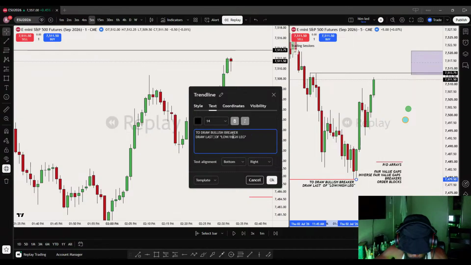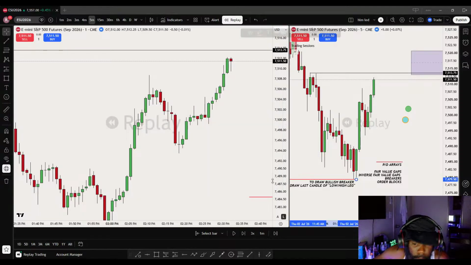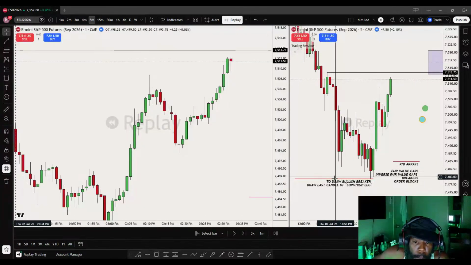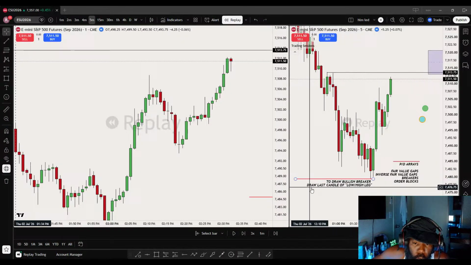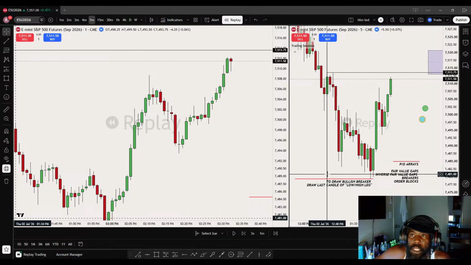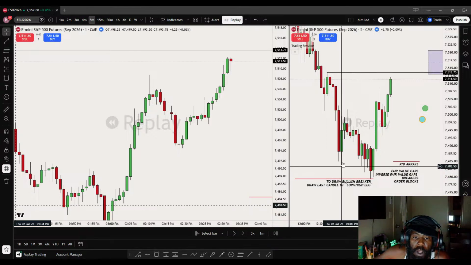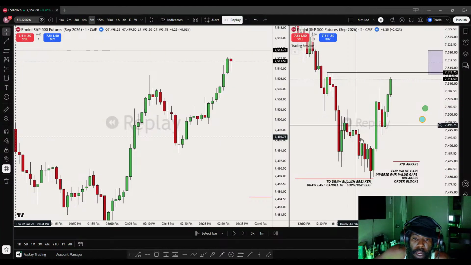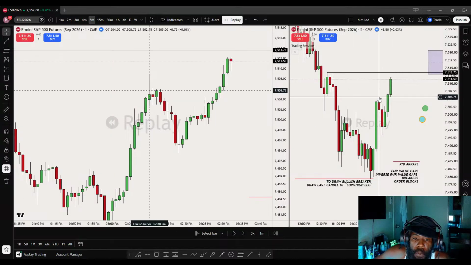Players mess up too. To draw a bullish breaker, draw the last candle of the low high leg. Well, what did he say it was? He said low, high, lower low, higher high.